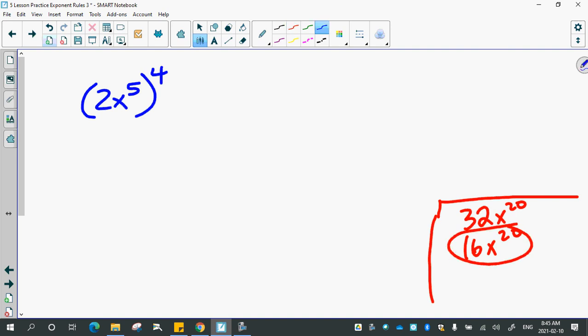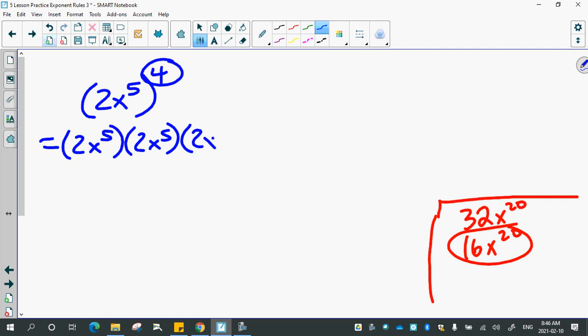All right, so if I multiply this out 4 times, which that 4 means, I multiply the coefficients, so 2 times 2 times 2 times 2 is 16, okay? And then x to the 5th times x to the 5th, times x to the 5th, times x to the 5th.